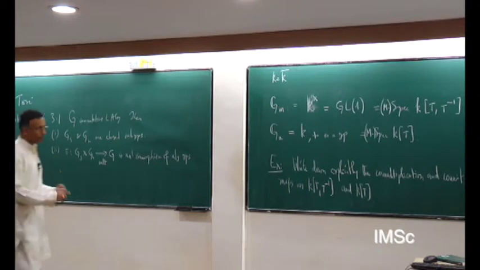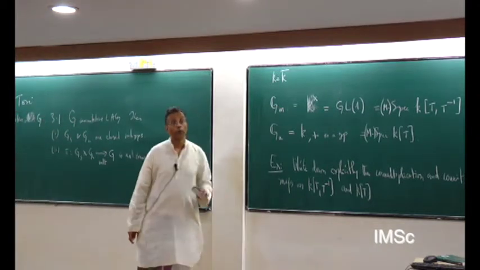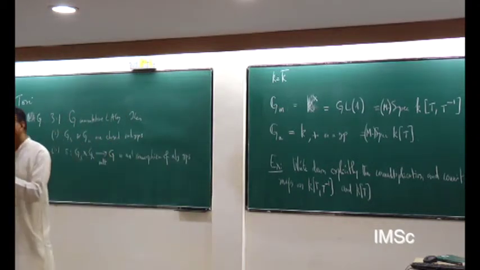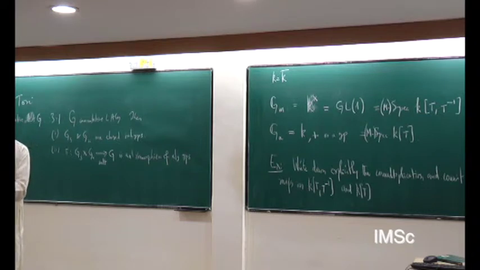Okay. So I was going to give you an example of where you have a morphism that is a bijection, but the inverse is not a morphism of varieties.